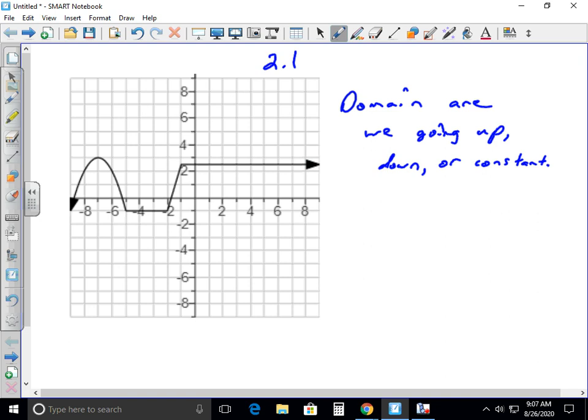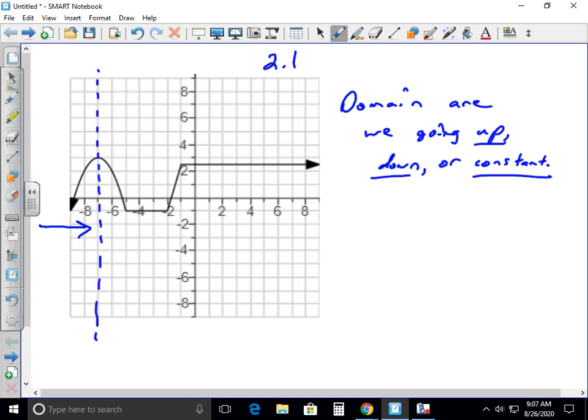So as we compare x values that are beside each other, what is our graph doing? Is it going up, is it going down, or is it staying the same, when we read from left to right? In each section, as we go from left to right, are we going up, going down, or constant?